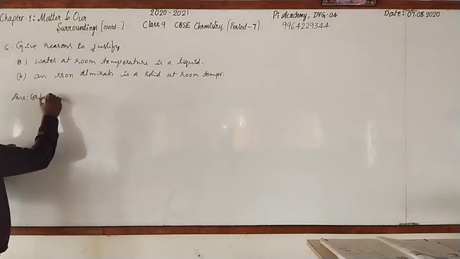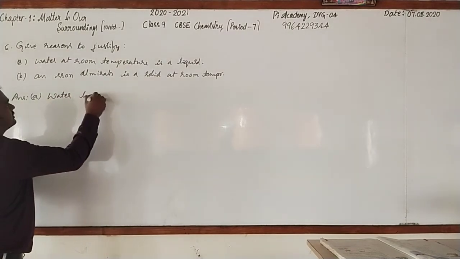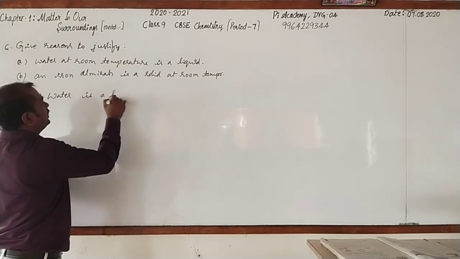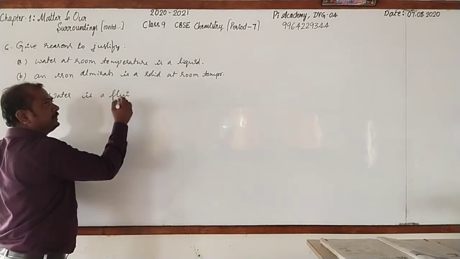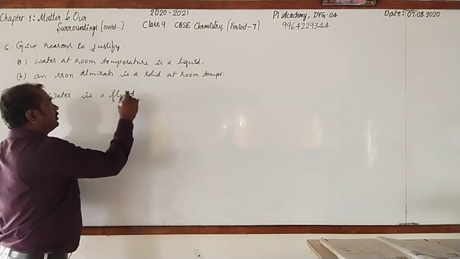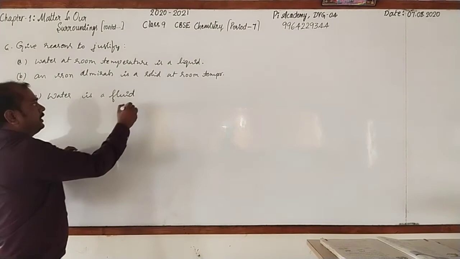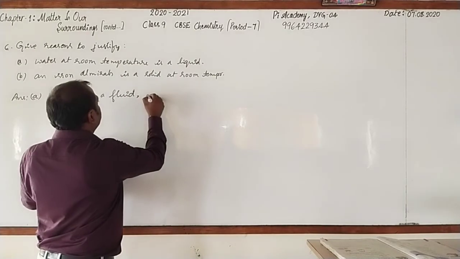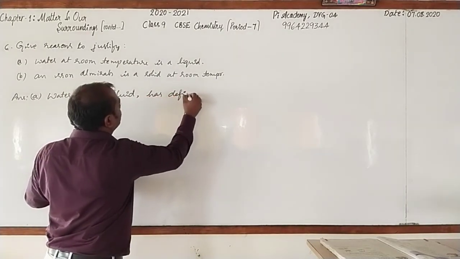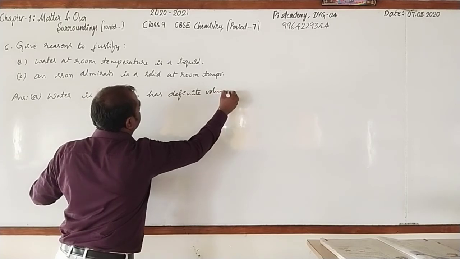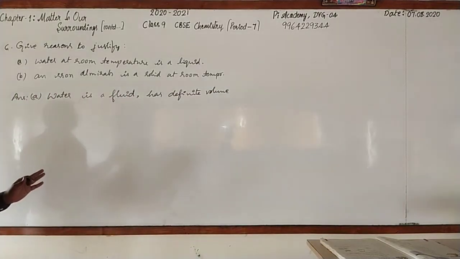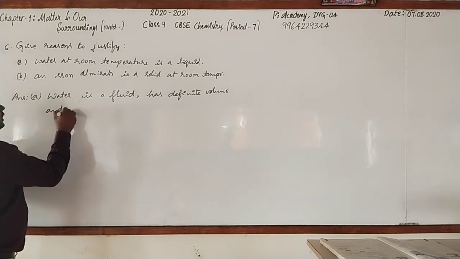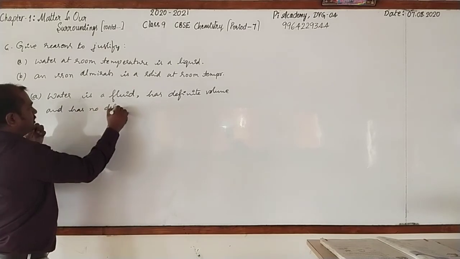So we can write water is a fluid because it has the ability to flow. So liquids have an ability to flow, and liquids have definite volume, and no definite shape.